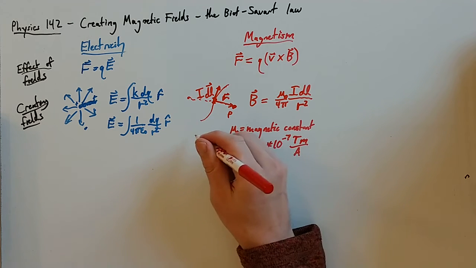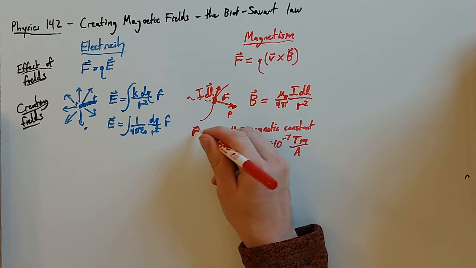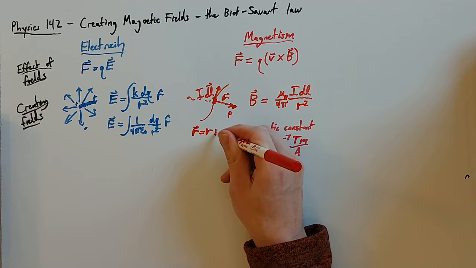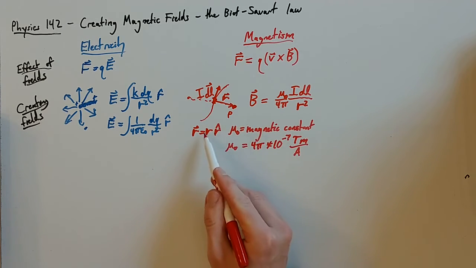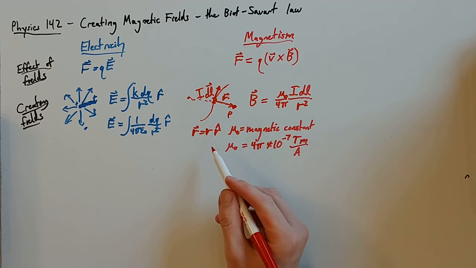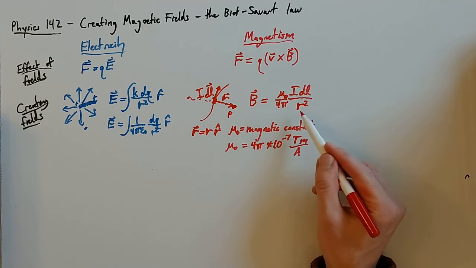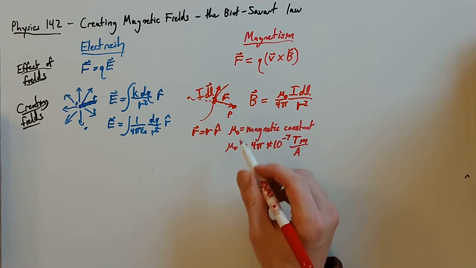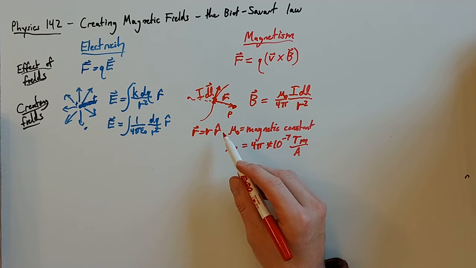And the r vector has two parts to it. It has a magnitude, so I could call that just r, and it has a direction, which we could represent with the unit vector r hat, right? So it has the magnitude and the direction. And it works out that this r squared here is just the magnitude, it just depends how far away you are. But the direction actually gets incorporated in an interesting way.